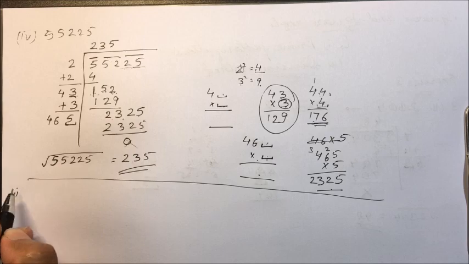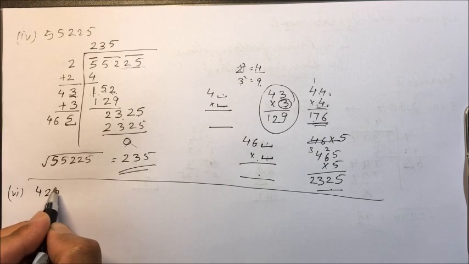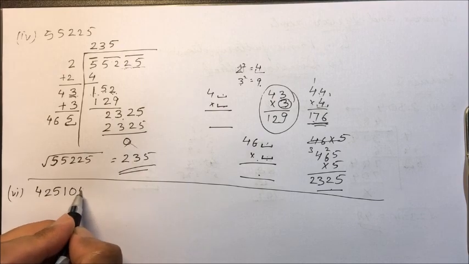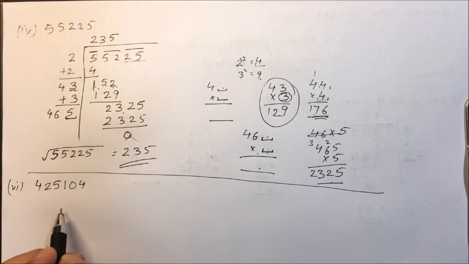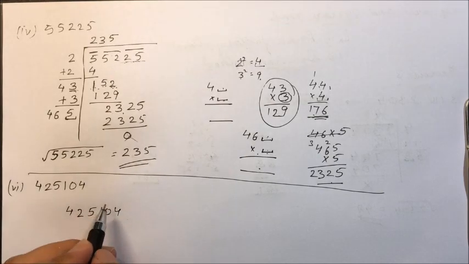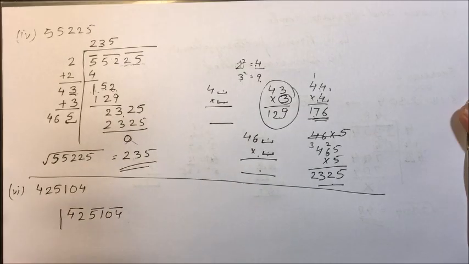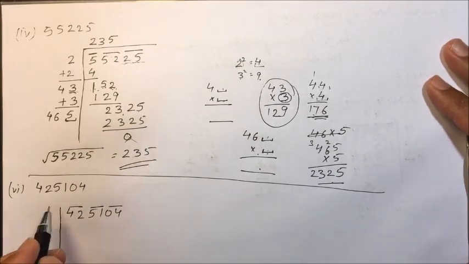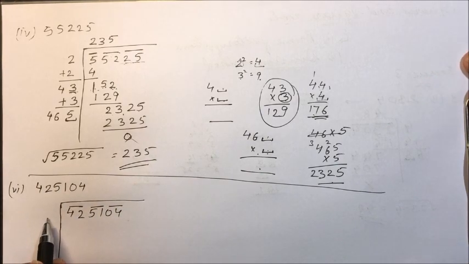Now the sixth one, 425104. Its square root we have to find using the division method. So we write the number again, 425104. Pair them, one pair, second and third. Now first find the greatest number whose square does not exceed 42.